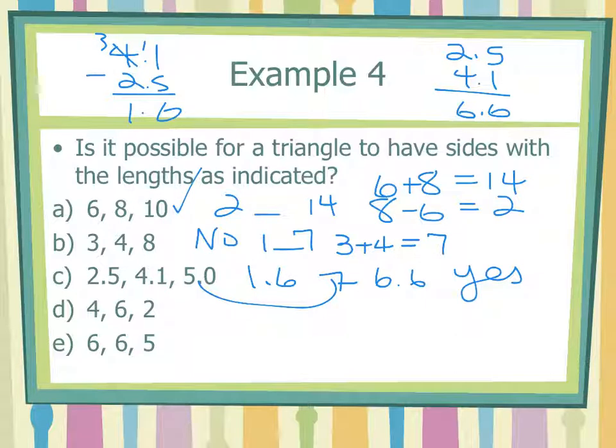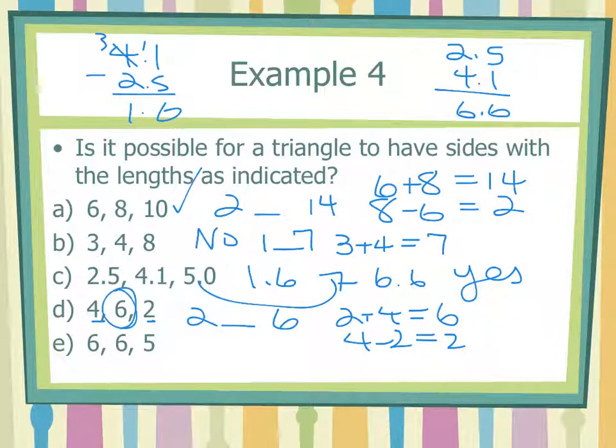And then notice on D, they're not in order. But I'm still going to take the two smallest. So here, if I do 2 plus 4, what do you get? Okay? Is that greater? Is that smaller? So it's not. So then if I subtract them, 4 minus 2 is 2. So it has to be in between 2 and 6. Because it's 6, it's not working. It has to be less than 6. Can't be equal to.